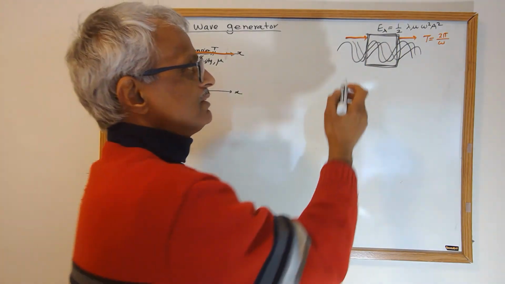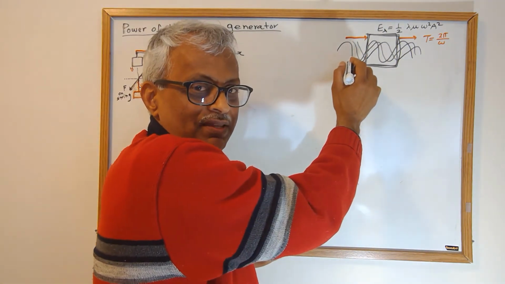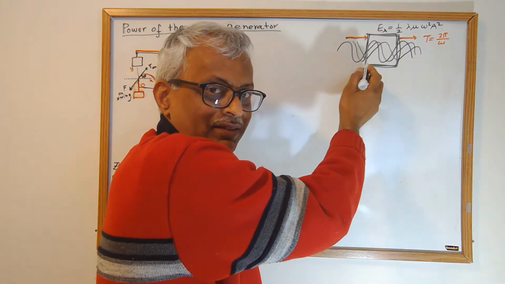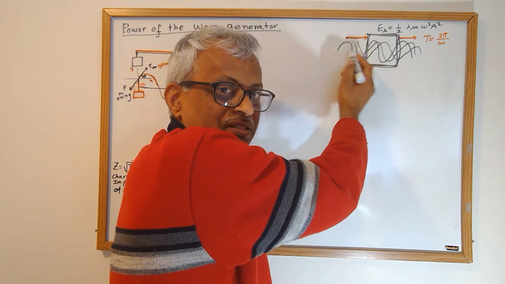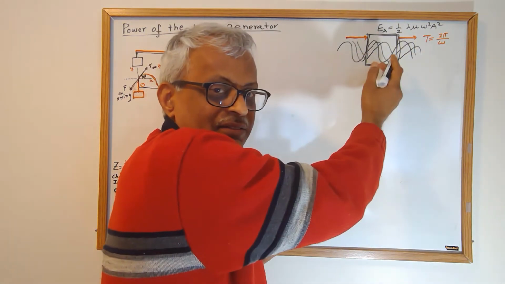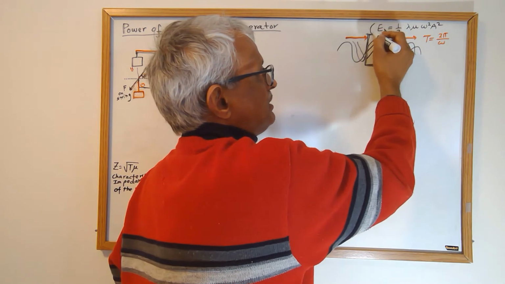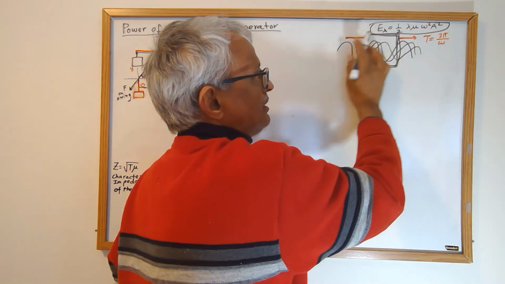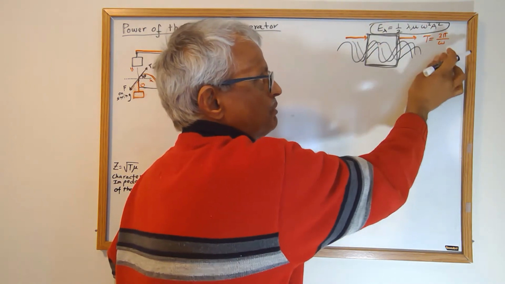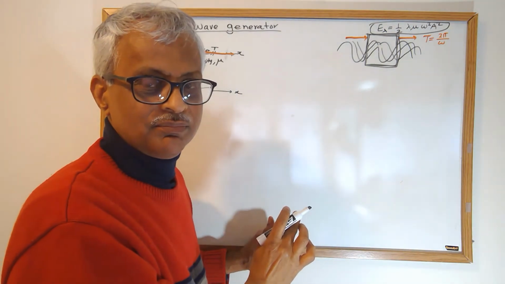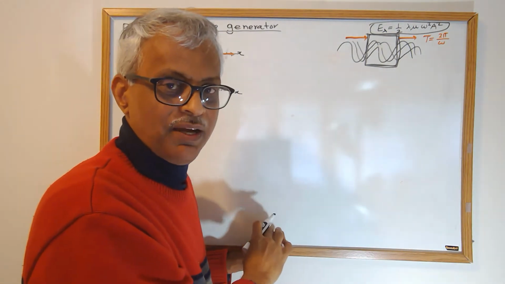What's happening is that energy is coming in, so this much energy must be coming in, and that same amount of energy must be leaving the system. So you can think of it that way.